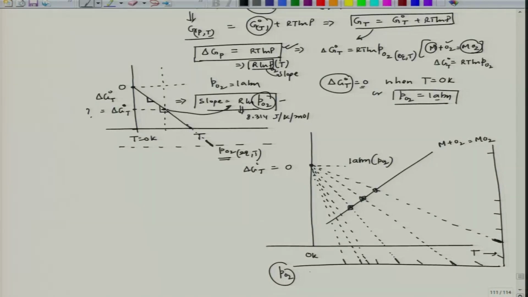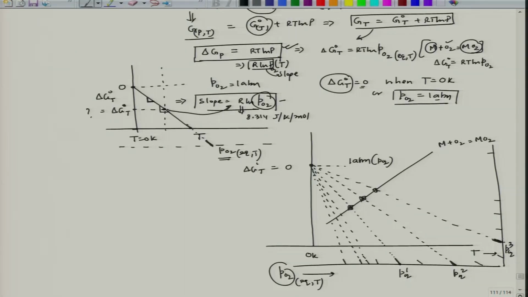So, this axis is nothing but PO2 in equilibrium for a temperature. At this temperature, what will be the PO2? This will be PO2 1. In this case, this will be PO2 2. In this case, this is PO2 3.